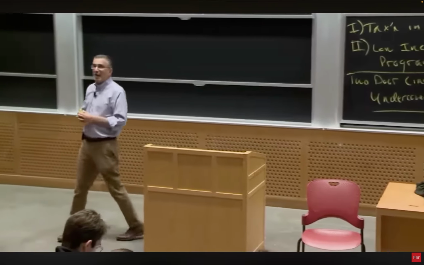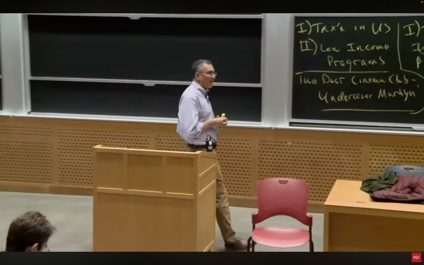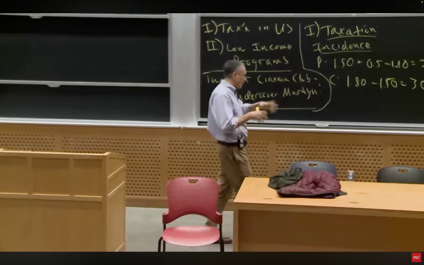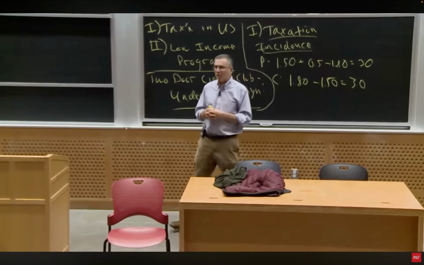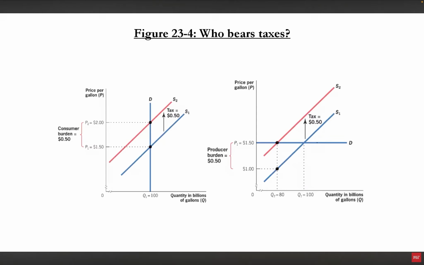Now imagine we're in the very long run where people can shift to bicycles and walk and demand for gas is super elastic. In fact, let's imagine it's perfectly elastic. Not true, but let's imagine it. Now what happens? Well, we tax the producers, but they can't raise the price because demand's perfectly elastic. So now, who bears the burden of the taxes? The producer.